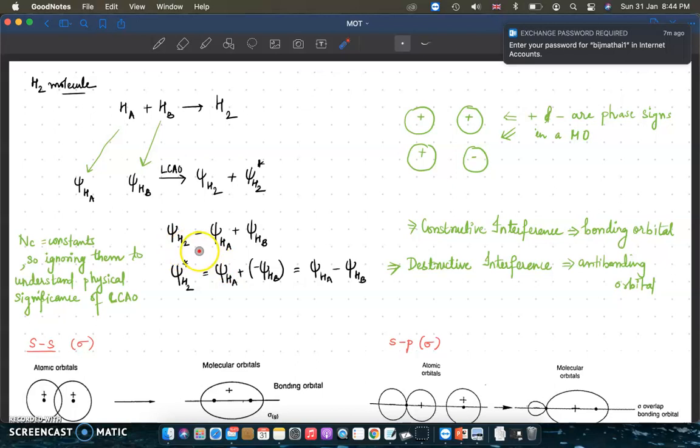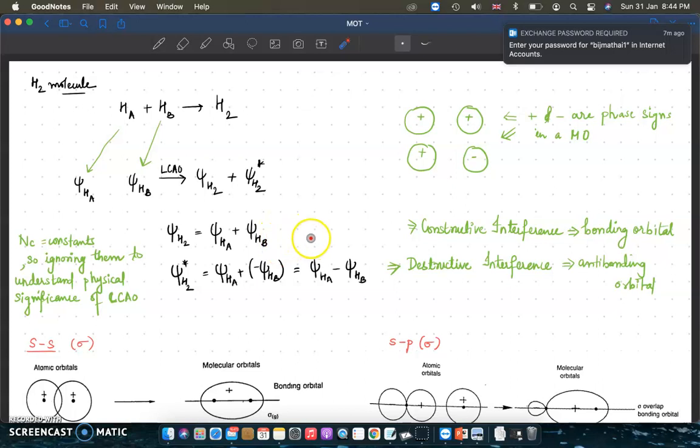Now you can go ahead and square chi H2 and chi star H2. One of them would lead to plus 2 chi HA chi HB, and the other would lead to minus 2 chi HA chi HB.